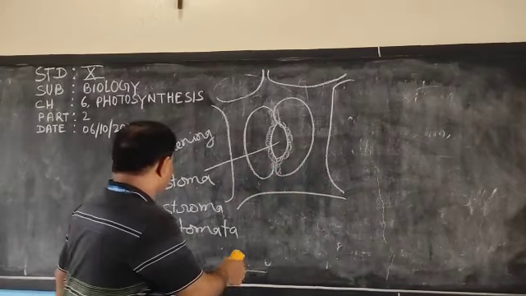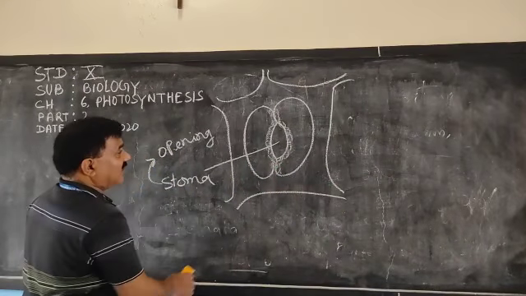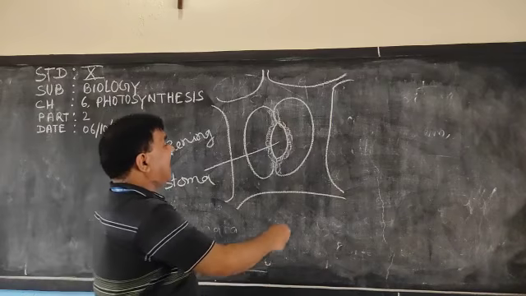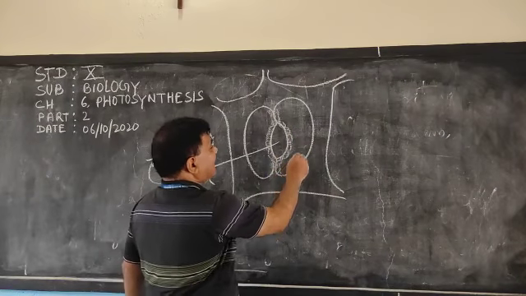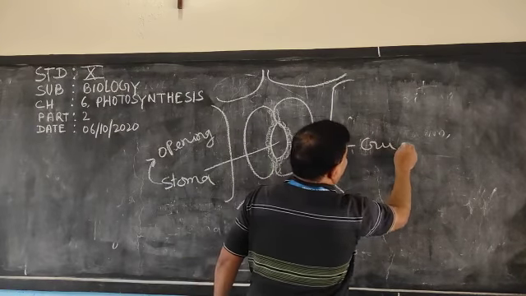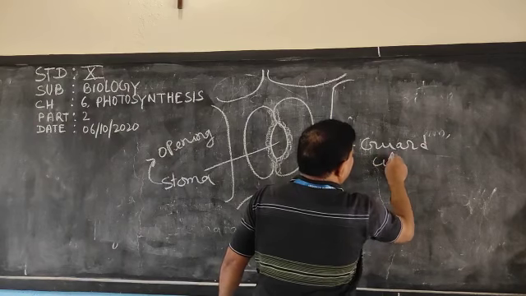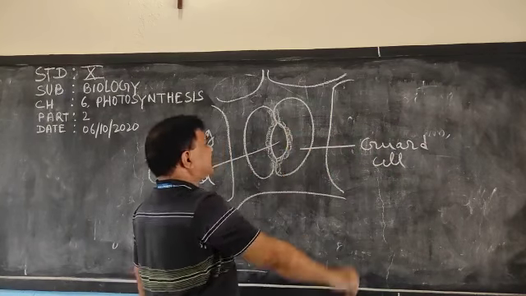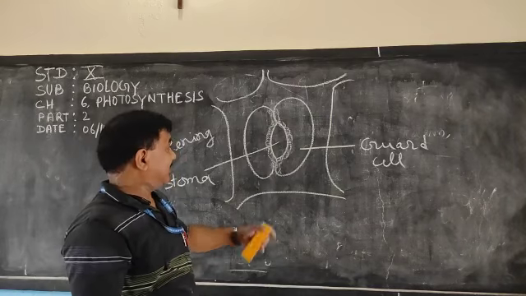So here we are discussing the stoma. The opening is called a stoma, and these kidney shaped cells are the guard cells. The inner wall of the guard cell is thick and the outer is thin.